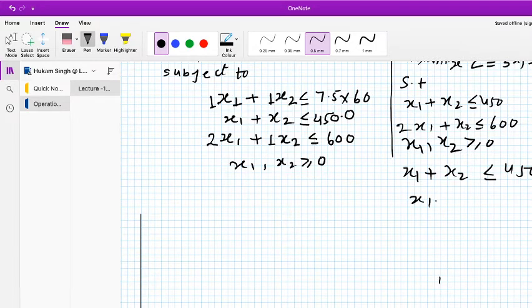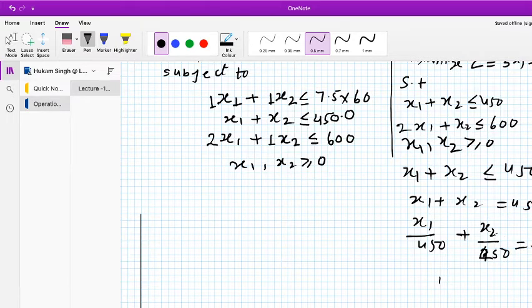We'll consider this as x1 plus x2 equals 450 and convert it into the standard line equation. So it becomes x1 upon 450 plus x2 upon 450 equals 1.